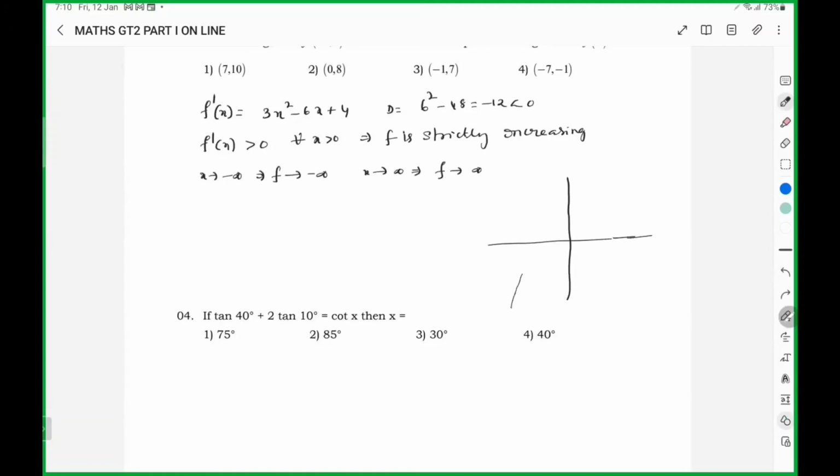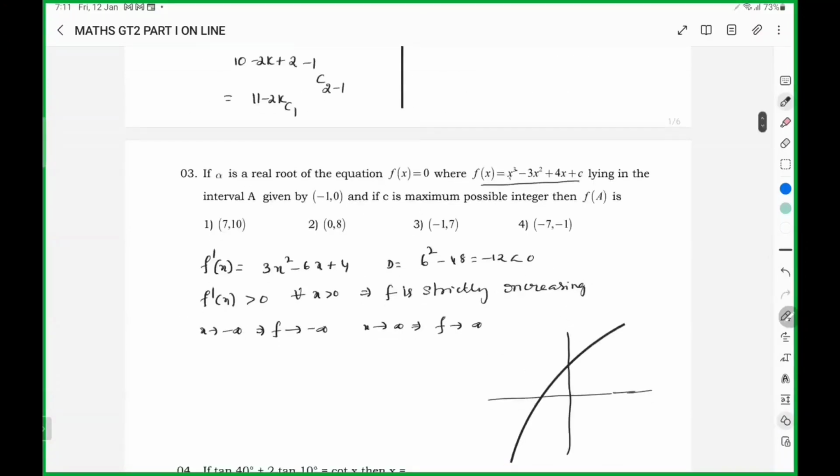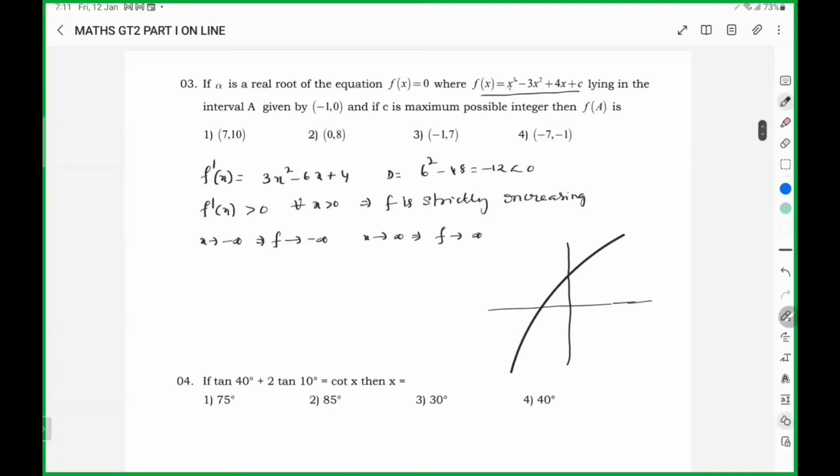It crosses the x-axis at only one point, that is, the real root lies between -1 and 0.